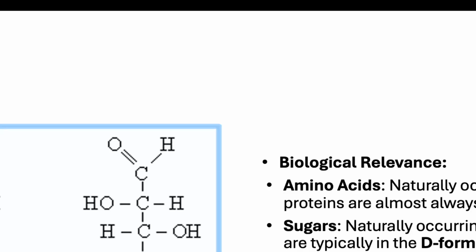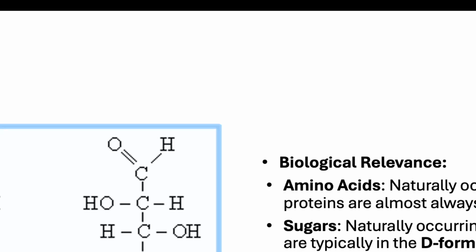And on the left side, it is the L-glucose, because these atoms arrange differently when viewed in a three-dimensional system. And naturally occurring amino acids in proteins are mostly always in the L form. Okay, you have to remember these two pieces of information. Amino acids are generally in the L conformation or L enantiomers, whereas naturally occurring sugars are typically in the D form.